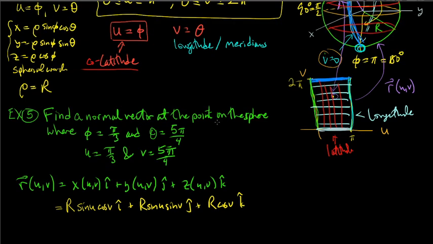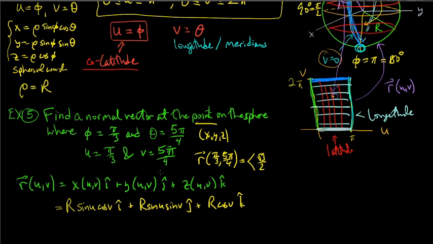So the actual point, as far as x, y, and z go, we just plug those in. So r of pi over 3, 5 pi over 4. Sine of pi over 3 is square root of 3 over 2, and we multiply by r.